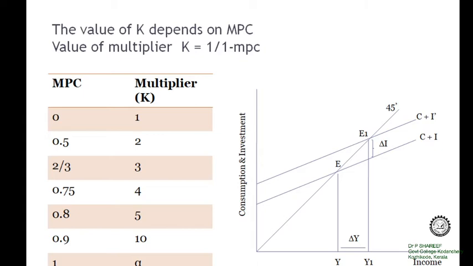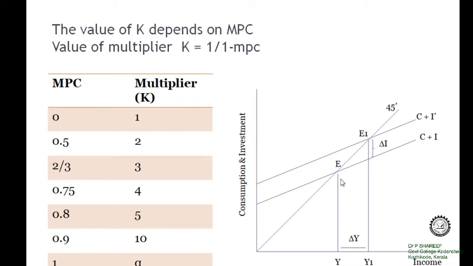Multiplier effect can also be represented by using a diagram, which is shown in the figure. Here x-axis measures income and y-axis measures consumption and investment. The 45-degree line represents aggregate supply, and the straight line C plus I represents aggregate demand.